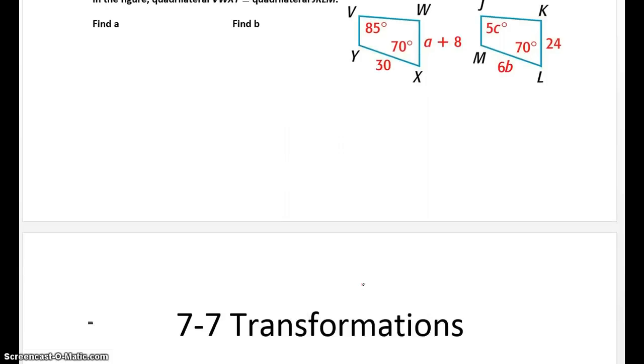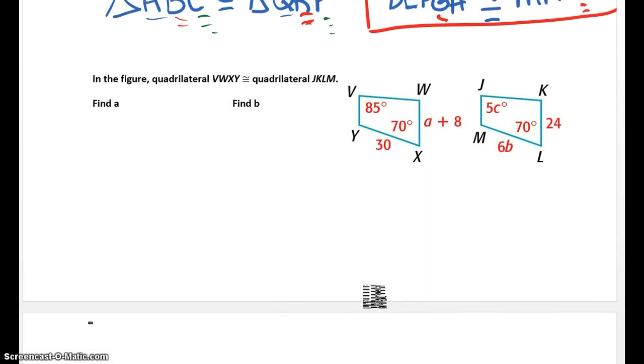The next thing, in the figure below here, we have a quadrilateral VWXY congruent to quadrilateral JKLM. And this time we want to find A and B. So what are A and B?